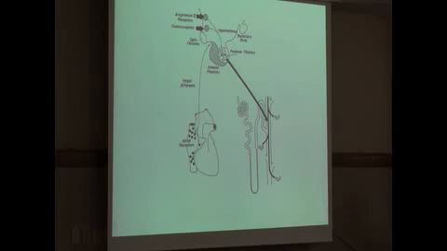And thus, if we are too full, they will sense it, and we will produce less antidiuretic hormone. So we will pee more. If we are too empty, they will produce more antidiuretic hormone, and we will pee less.